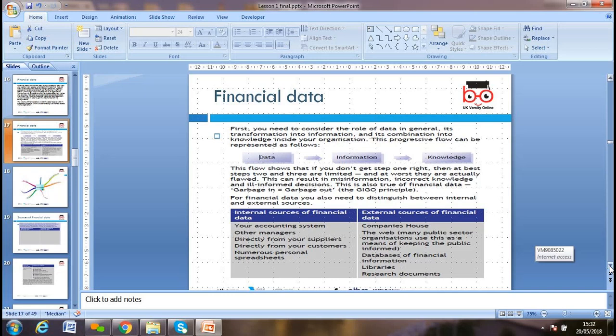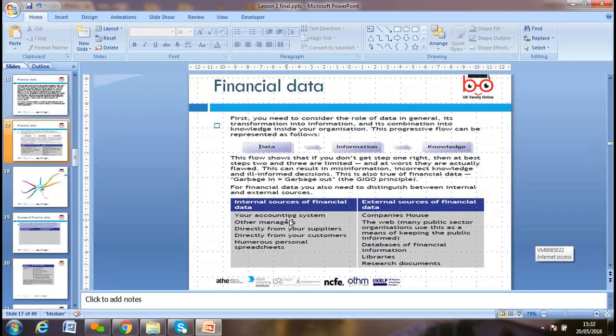Those can be used as data. And external sources: Companies House, websites, libraries, databases, financial statements. All these provide external sources of financial data. So internal and external sources of financial data can be used for decision making purposes.